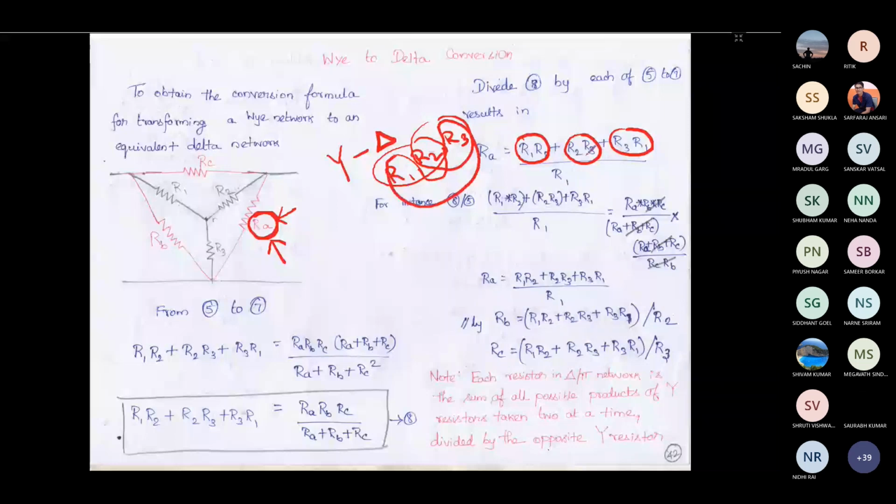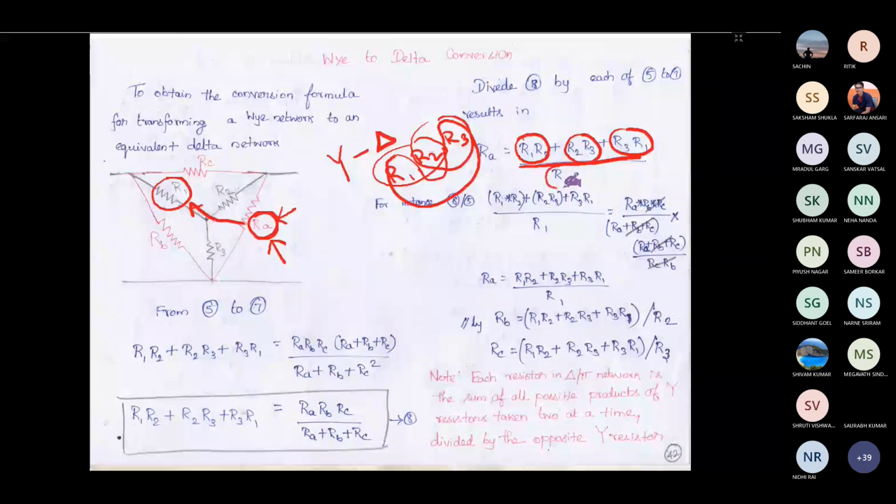Then divided by R1. For this RA, you see which resistance is exactly opposite, not nearer to it. So you divide by that resistance.